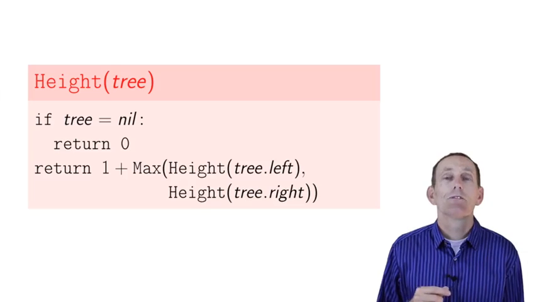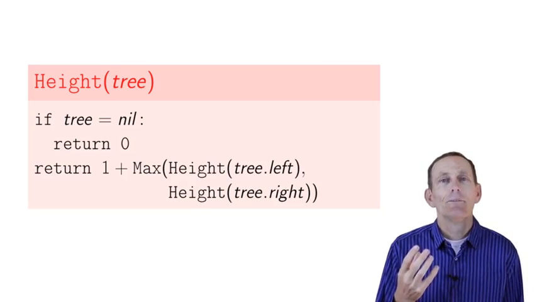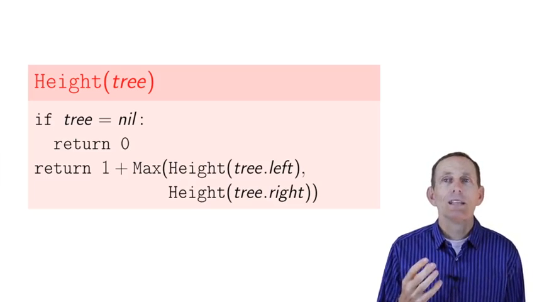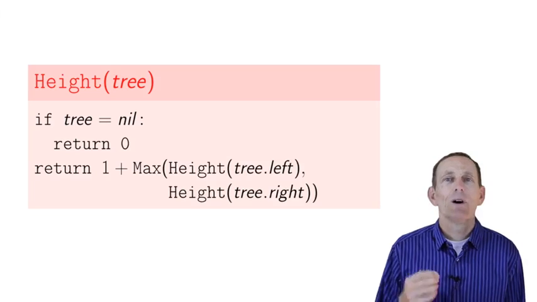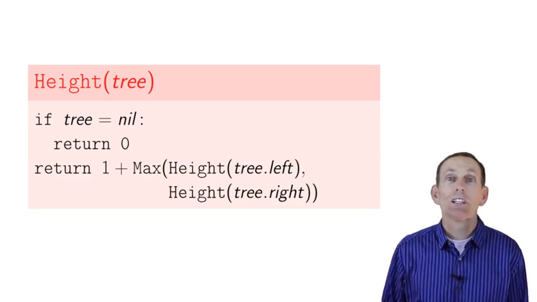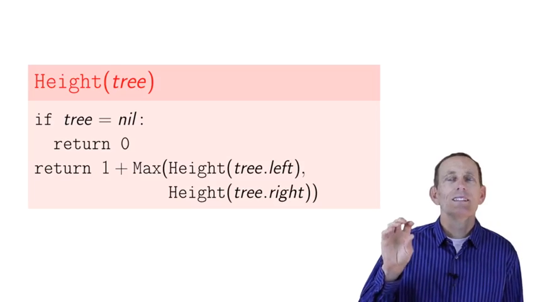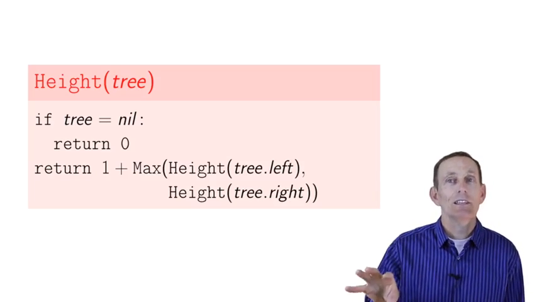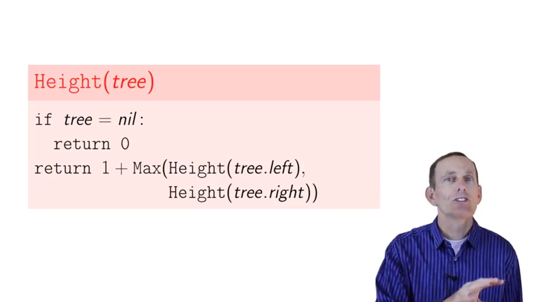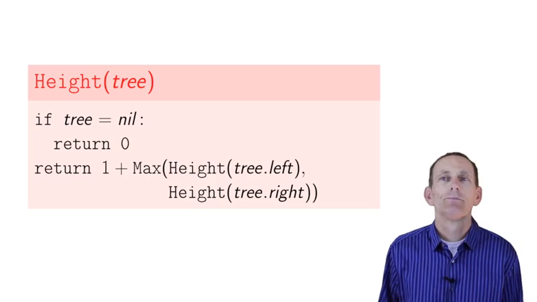So we can say, for instance, if we have a nil tree, then its height is 0. Otherwise, it's 1 plus the maximum of the left child tree and the right child tree. So if we look at a leaf, for example, that height would be 1 because the height of the nil left child is 0, and the height of the nil right child is also 0. So the max of that is 0, and 1 plus 0 is 1.